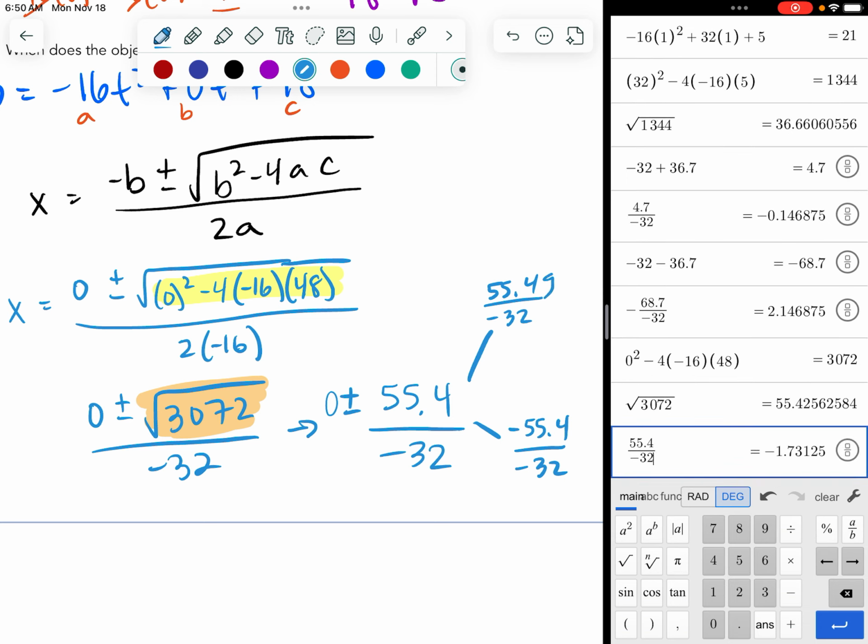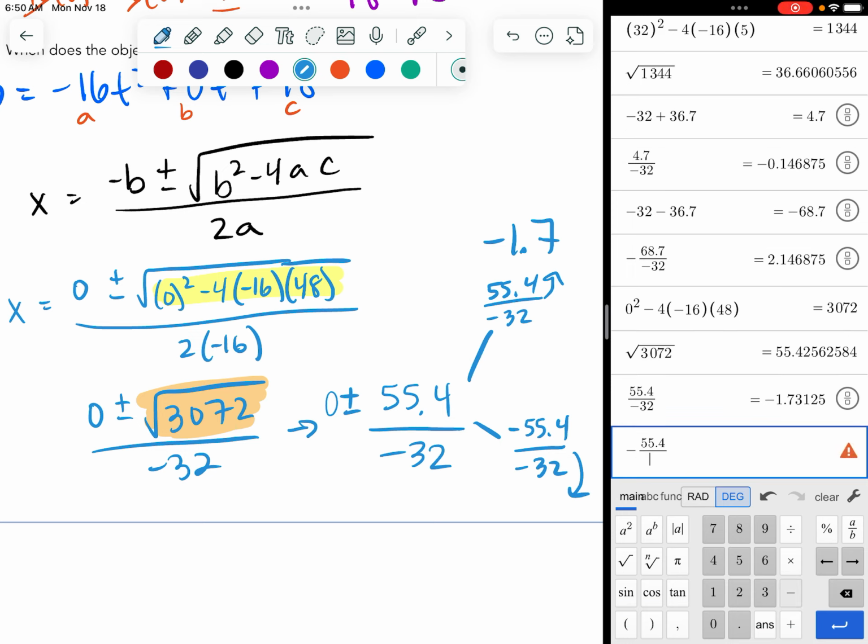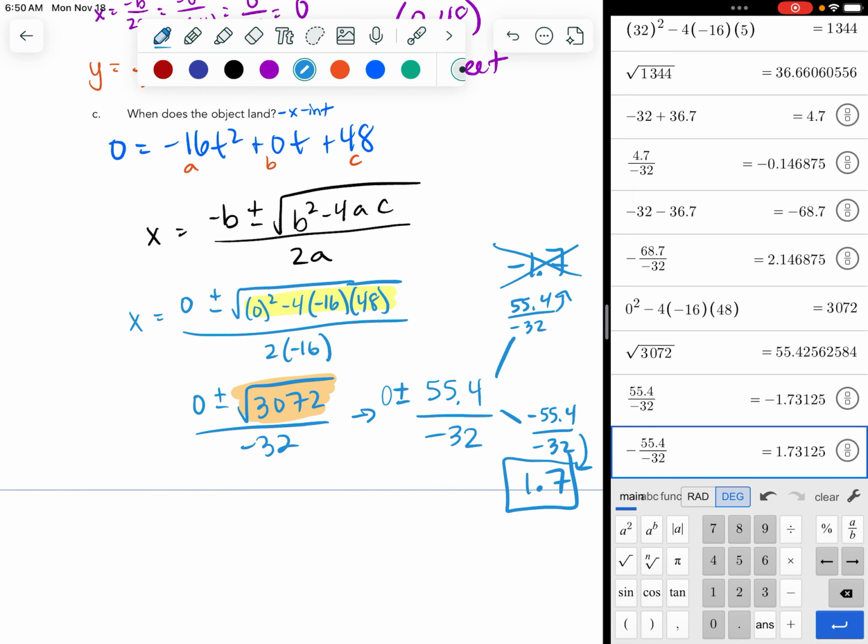Okay, so the first one, we should get -1.7. The second one, we should get 1.7. Okay, so which one doesn't make sense? The negative, because you can't land after negative seconds. The 1.7 makes sense. So we would say at 1.7 seconds, the object hit the ground.